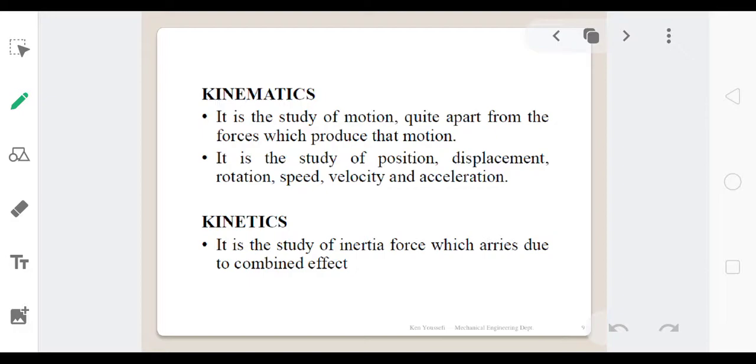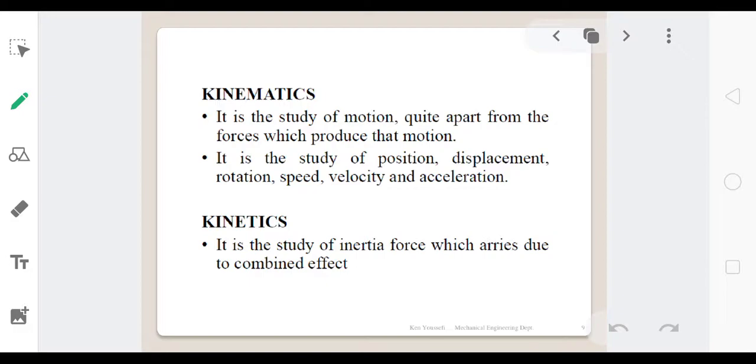Okay, what is kinetics? It is the study of inertia forces which arise due to the combined effect. So in kinetics we are dealing with the study of inertia forces acting on the object. What is actually inertia force? It is the force which arises due to the mass of that object. Whenever any object is moving, it is subjected to inertia forces because of its mass.